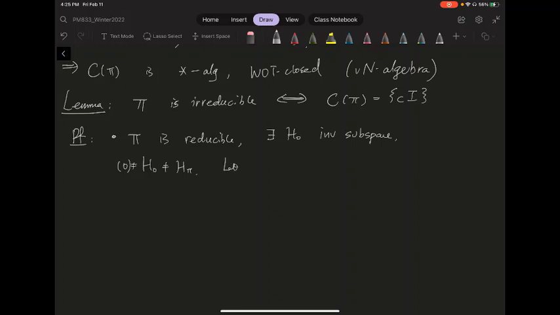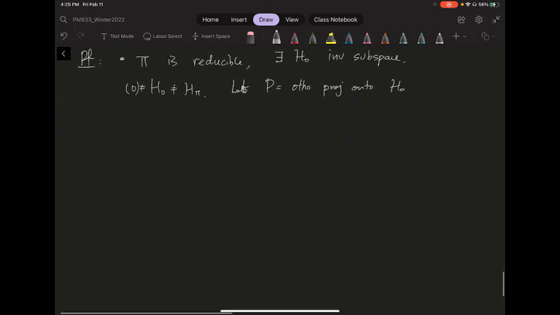If you let P be the orthogonal projection onto this H0, then P and π(x) have to commute. Why is that? Well, the idea is fairly simple. I usually like to write it using an operator matrix representation. So if you think about this H_π, you decompose it using H0 and its perp.